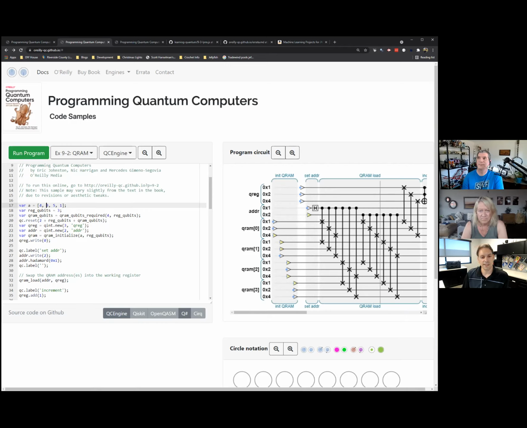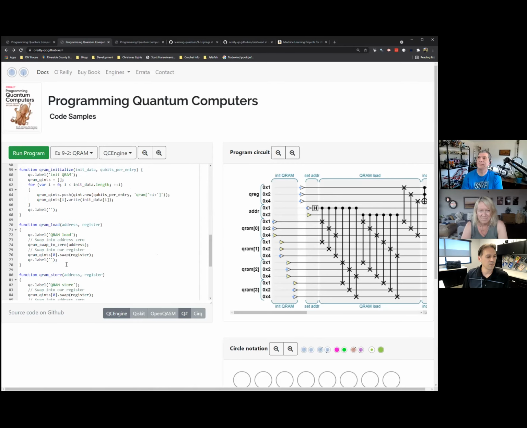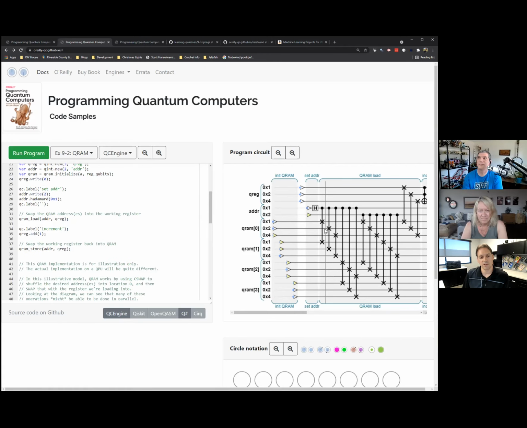This is all under that QRAM load. If you really want to, you can see what he's doing there. He's got some interesting things, but basically he's doing a lot of swaps. I think what he's doing is saying, I'm going to load the information that I need from one of these 4 registers into my QReg, where I'm doing my work based off of whatever I'm reading out of the address space.